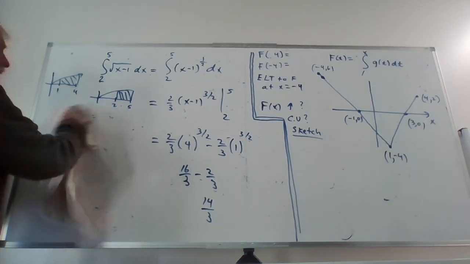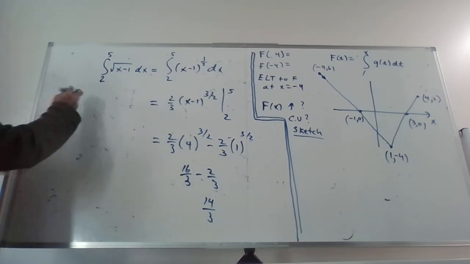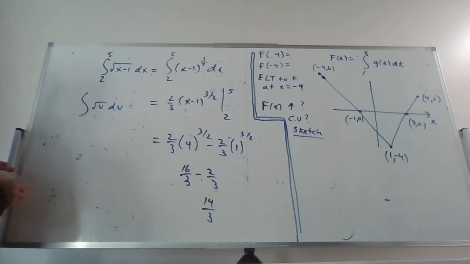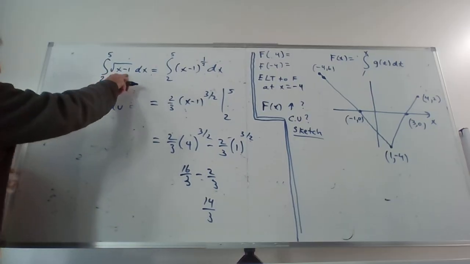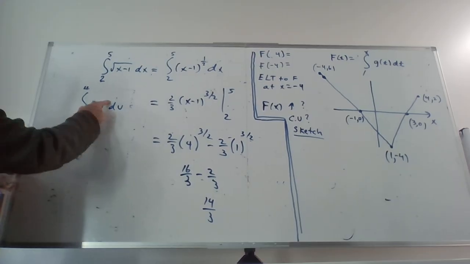Let's do the integration using u substitution. I'm going to let u represent x minus 1, so I don't even think I have to write that. I can do the square root of u du, but 5 minus 1 gives me an upper limit of 4 and a lower limit of 1. Remember, that's to the 1/2.